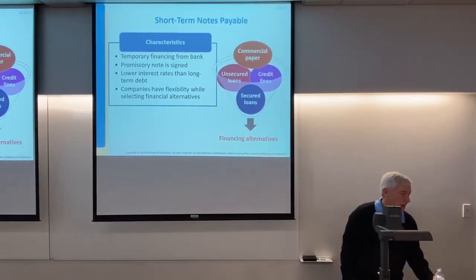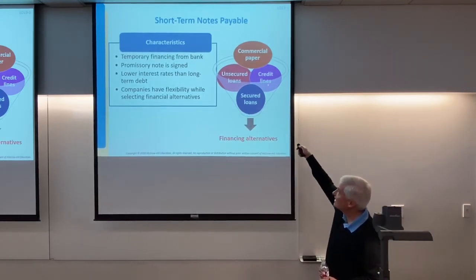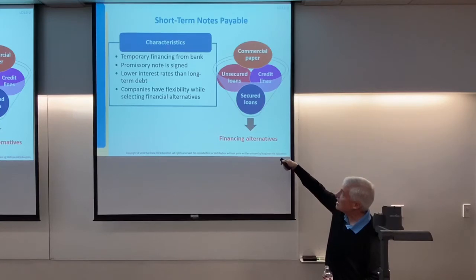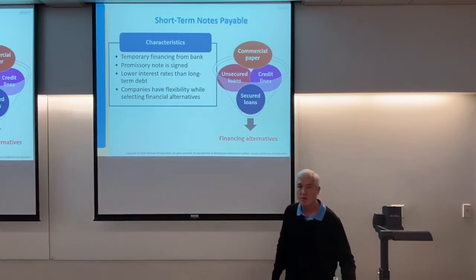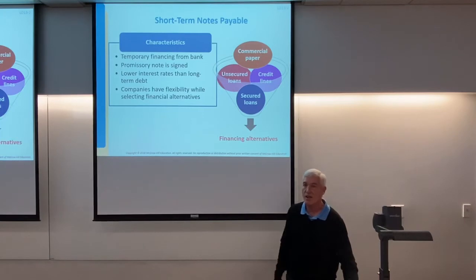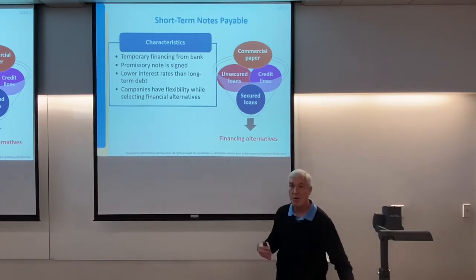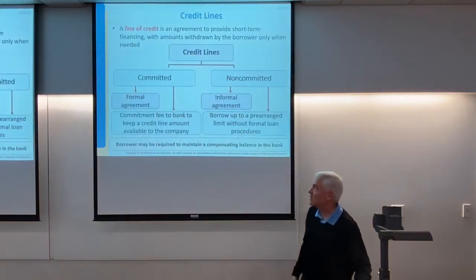There's a lot of different kinds of notes payable: commercial paper, unsecured loans, credit lines. I'll talk about that a little bit. And there's various characteristics. It would have lower interest rates than long-term debt because there's going to be less risk, because we know it's payable in the near future versus a longer term out there where there could be opportunities for bad things to happen to the company in the longer term.